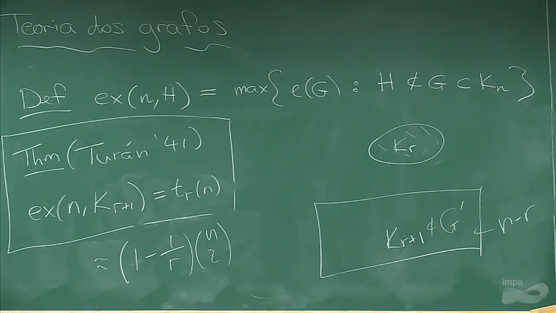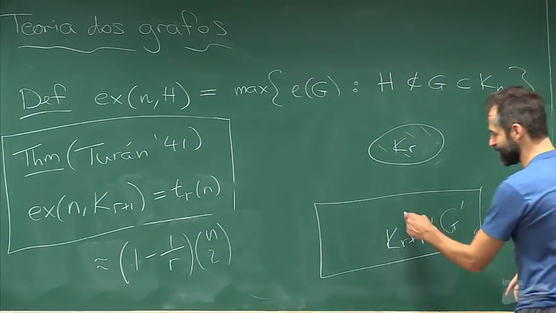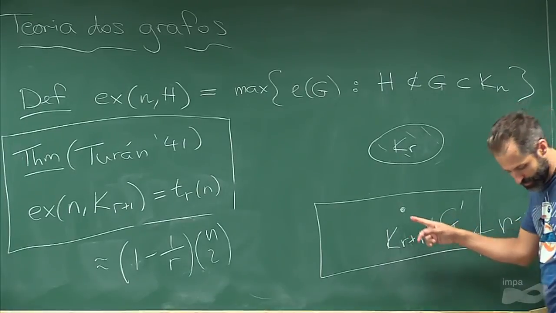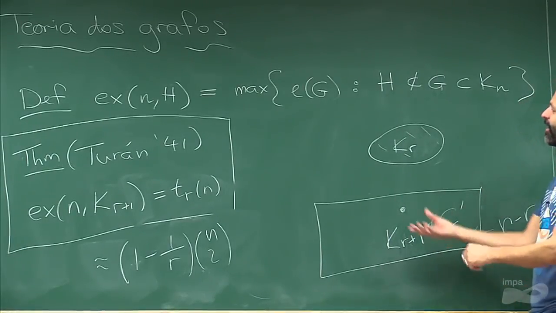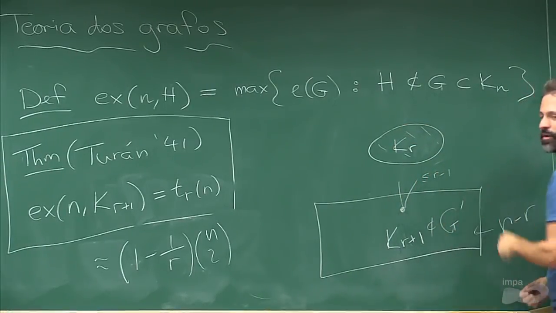So, the number of edges in G is at most the number of edges in G prime plus what? Each vertex here, we should ask, how many neighbors does this vertex have up here? It can't have r neighbors up there because then you'd have a K(r+1). So it has at most r minus 1.